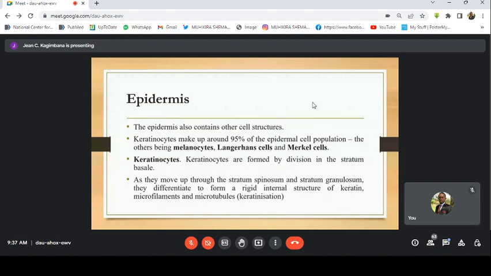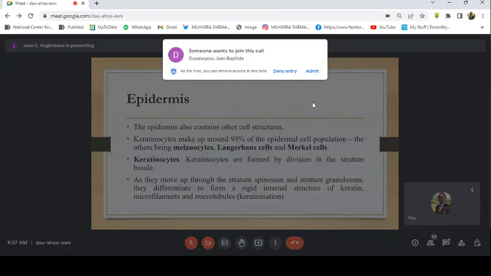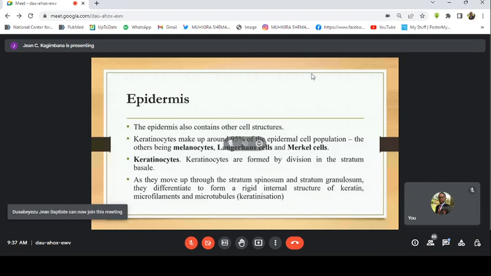But the main cells in the epidermis are keratinocytes. But other cells in small quantity are present in the epidermis, and some of them play a key role, like melanocytes, Langerhans cells, and Merkel cells.